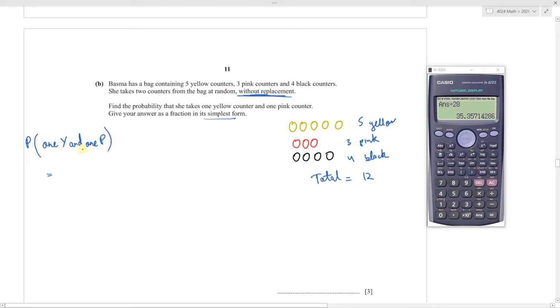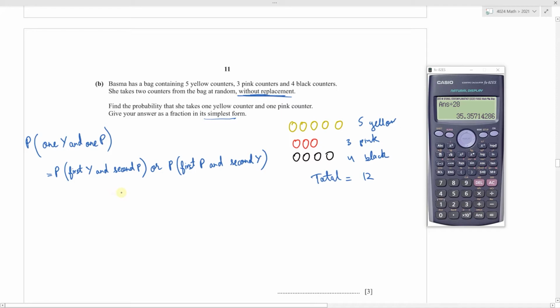So how can you end up with 1 yellow and 1 pink? If the first one you pick is yellow and the second one you pick is pink, or there's also a way where your first one is pink and second is yellow.